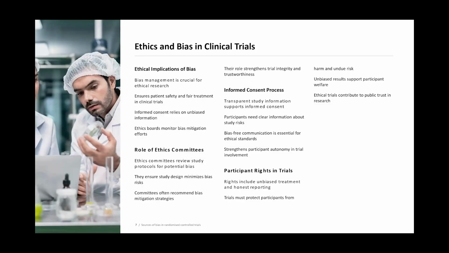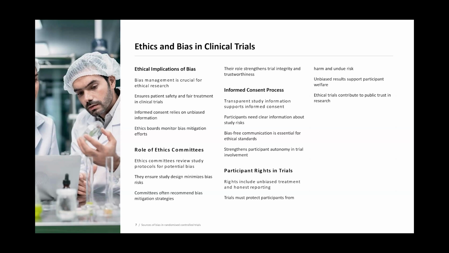For ethics and bias in clinical trials, we have to make sure that the study is free from bias. It's not just a methodological concern, but also an ethical obligation.